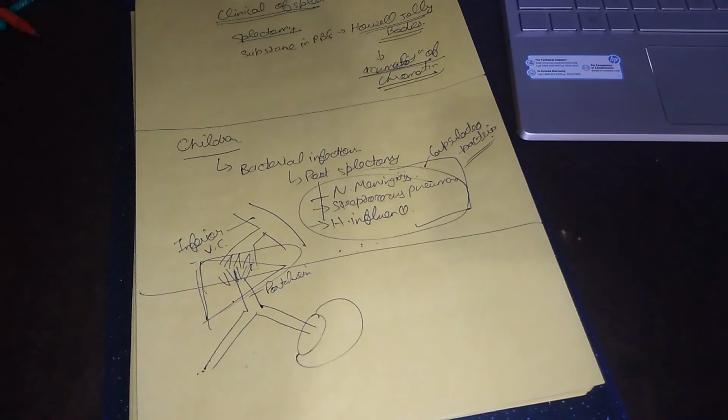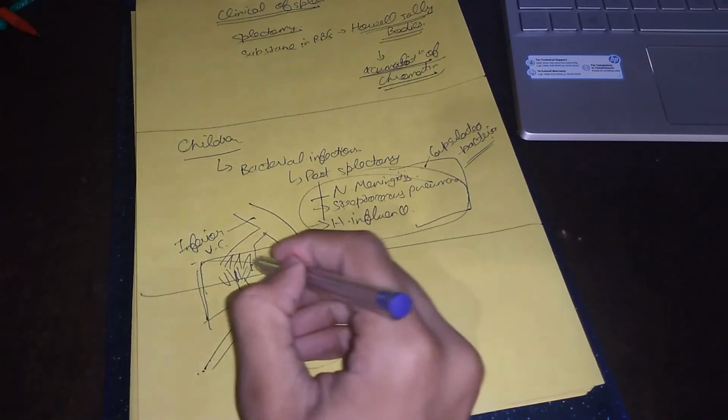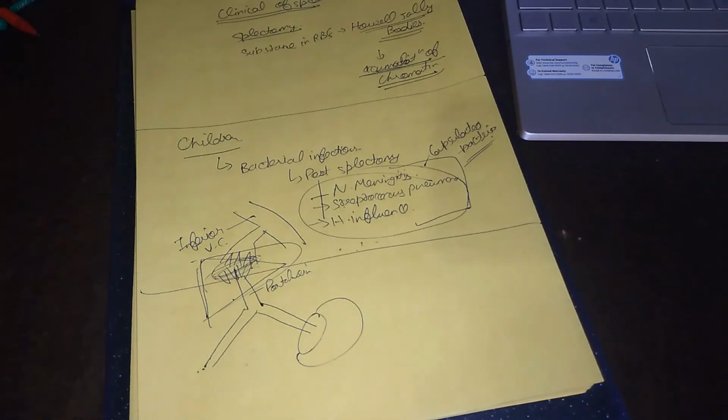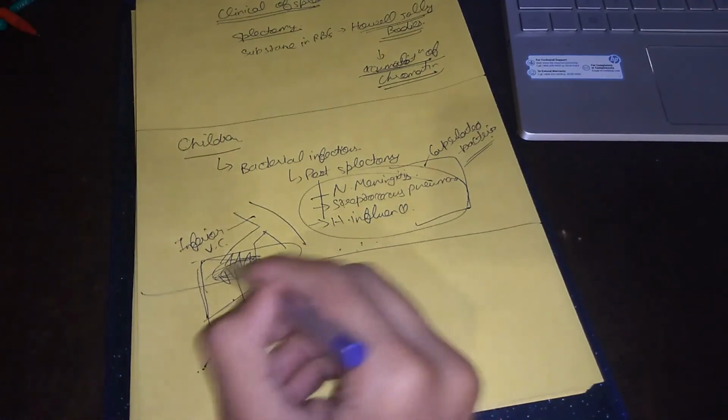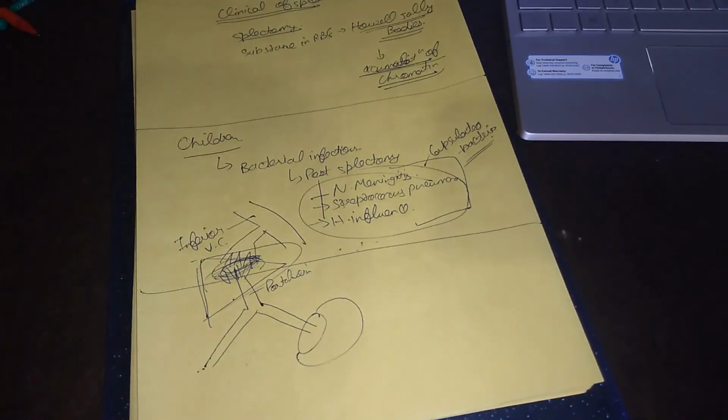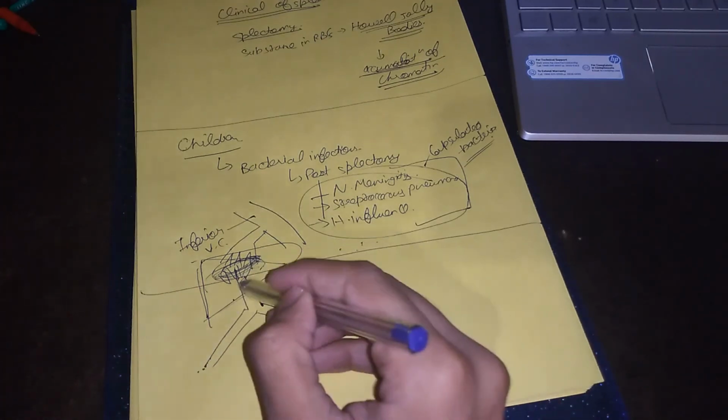When cirrhosis of the liver occurs, there are various things which cause it. There are nodules in the liver, so the sinusoidal branches are disturbed due to the nodules. The blood is not passed actively, so the blood starts accumulating here.